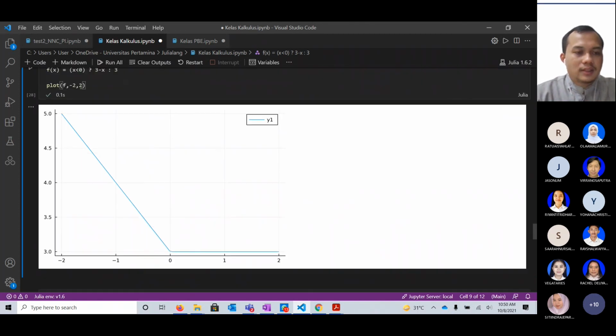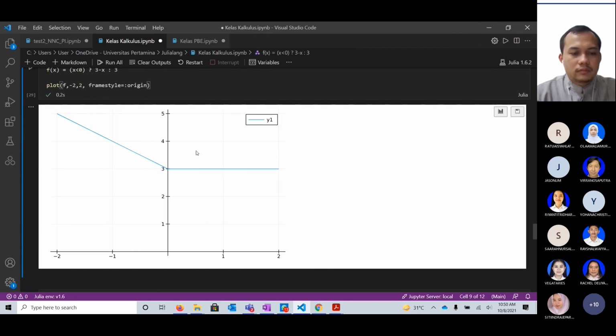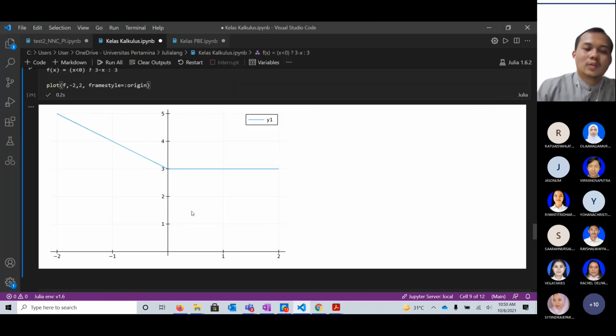From this graph, is it one-to-one or not? This should be easy. One of you already answered that this is not one-to-one, but the question is why?